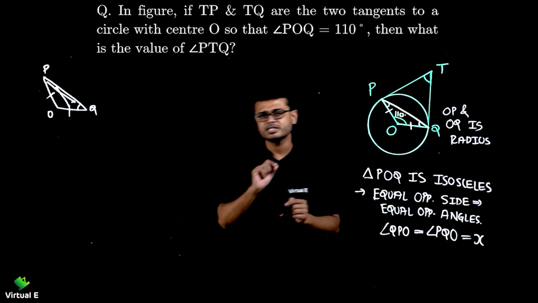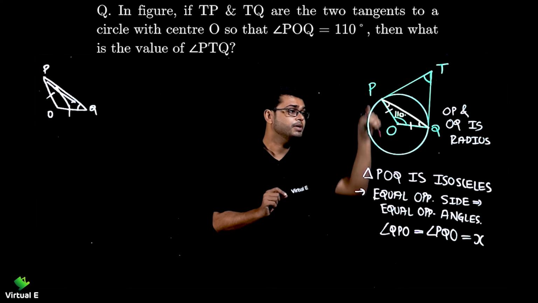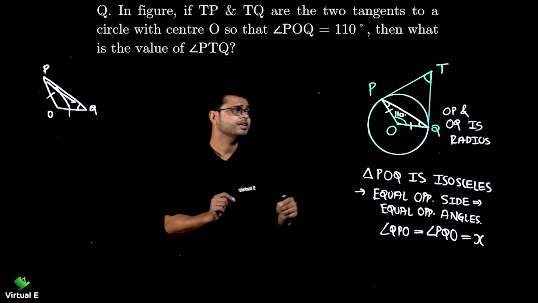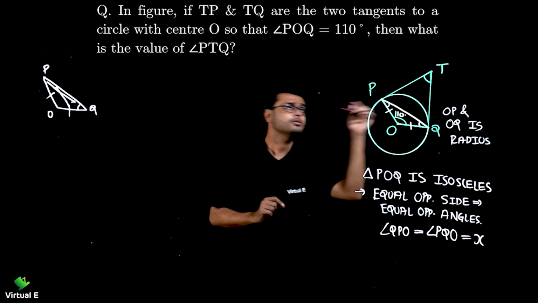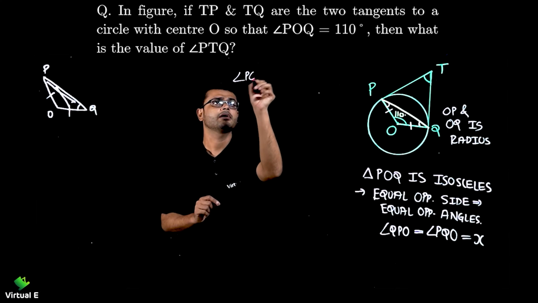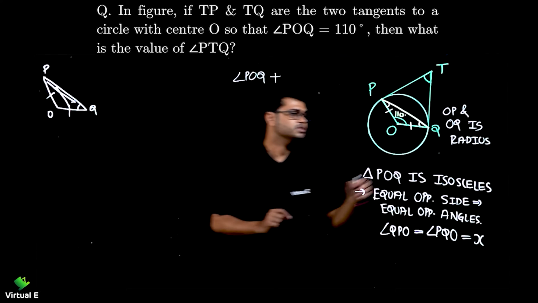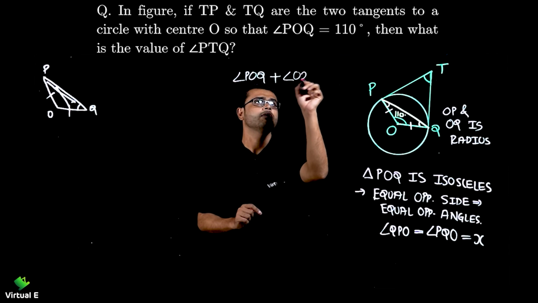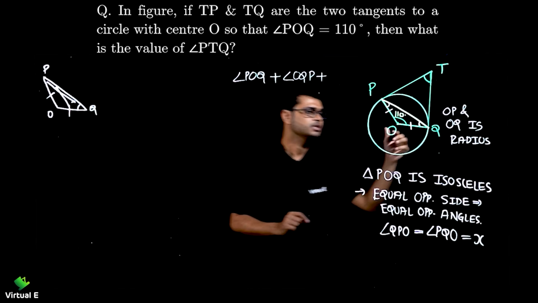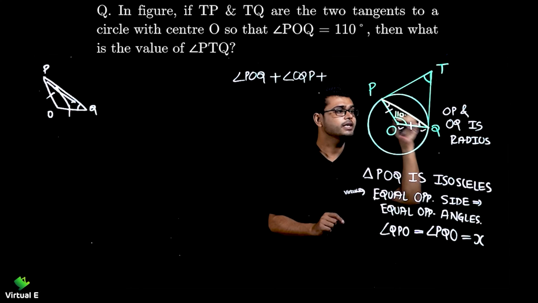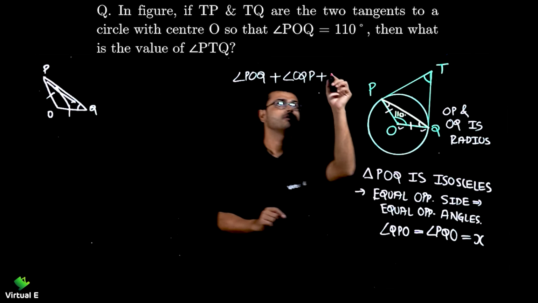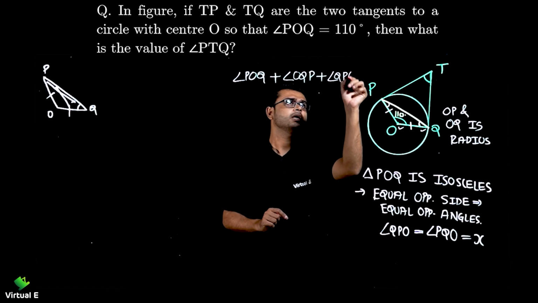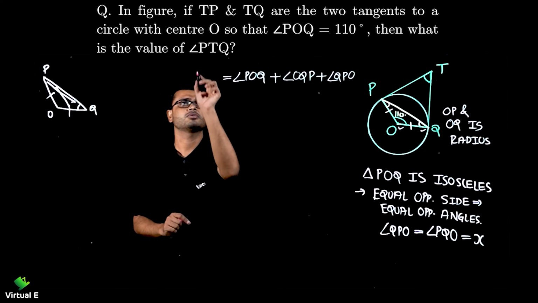So if I use the angle sum property for this triangle POQ, what will it be? Angle POQ plus angle OQP plus the third angle QPO is equal to 180.